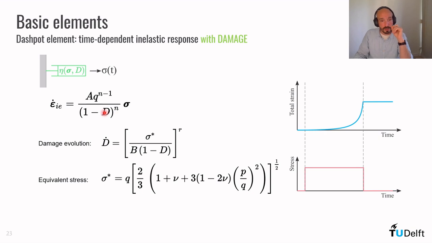Before talking about damage, notice that we have used stress, the stress tensor here, and not the deviatoric stress. The reason is that when we have damage, what I mean by damage is the presence of small cracks inside the rock salt.